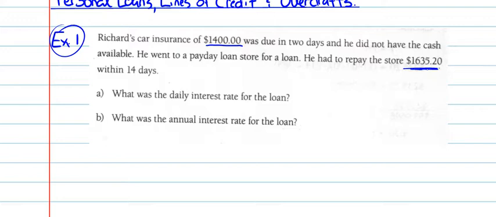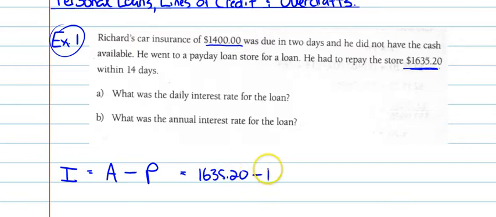Not the interest rate, but the interest that he owes. Okay, so the interest is going to be the total amount paid minus the principal amount owed. So $1,635.20 minus your $1,400 to give you.